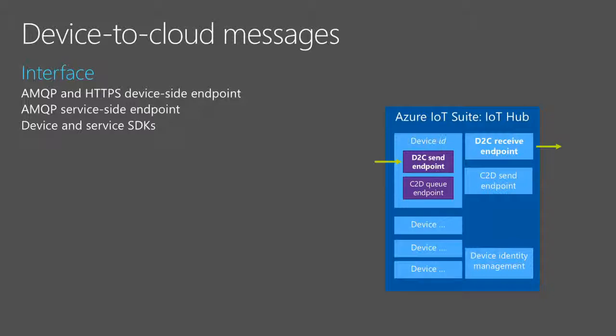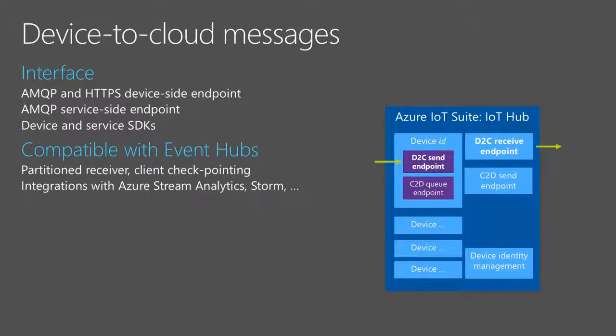And of course, we're going to have SDKs for both of those things. The receive side is going to be completely compatible with Event Hubs. So if you are familiar with Event Hubs, you're going to have partition receivers, so really high scale client checkpointing, and you're going to have all the integrations that Event Hubs already has, Stream Analytics, Storm, and all the ones that are coming.